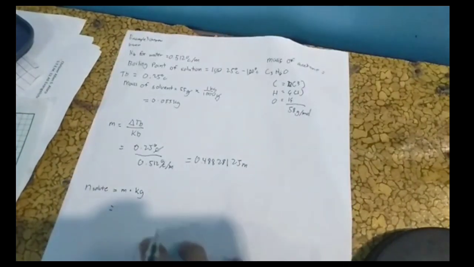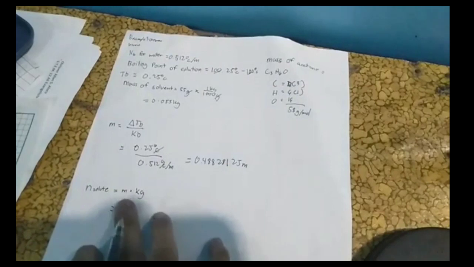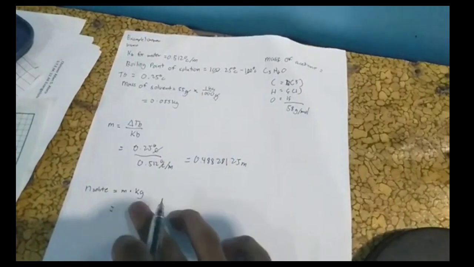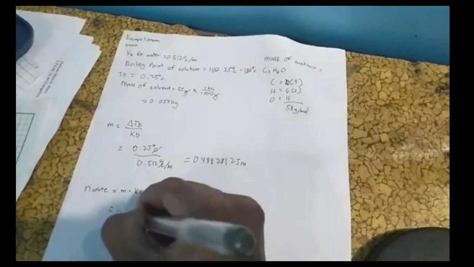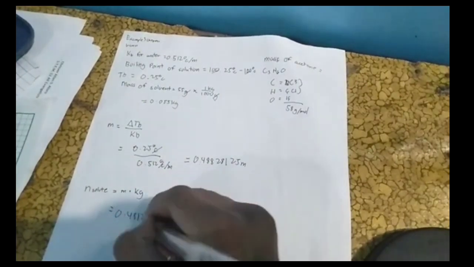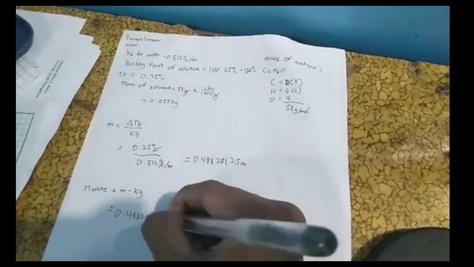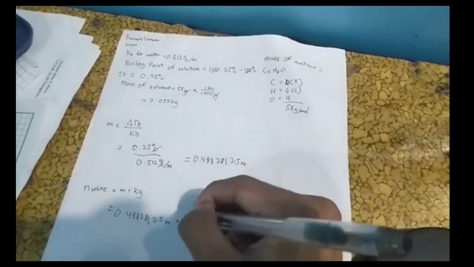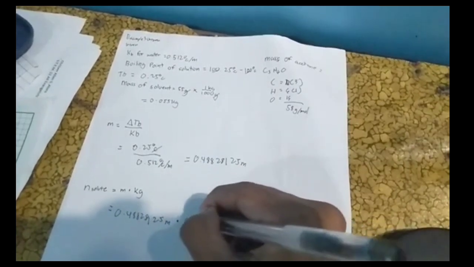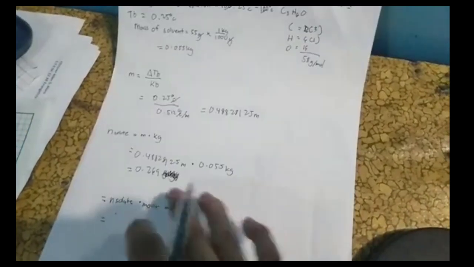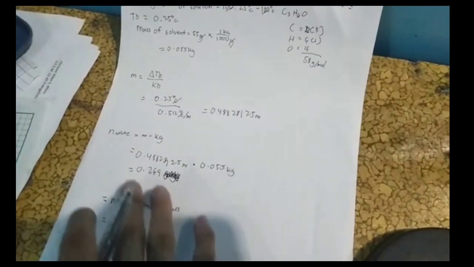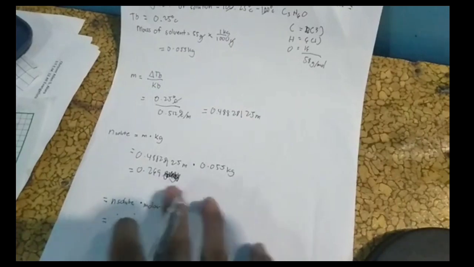For the n solute, you have the m multiplied by the kilograms. So this 0.48828125 m multiplied by 0.055 kilograms. If we multiply these two numbers, we have the answer of 0.0269.